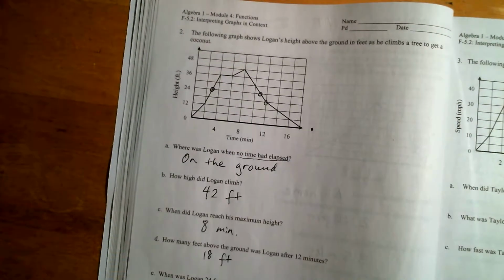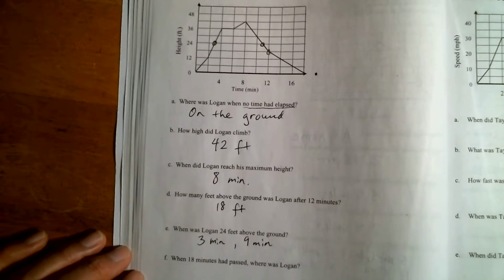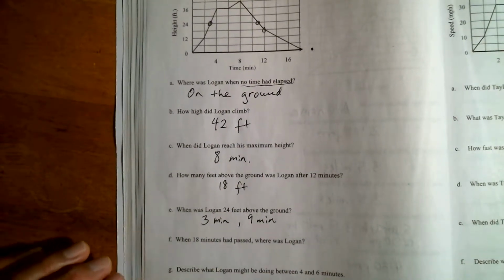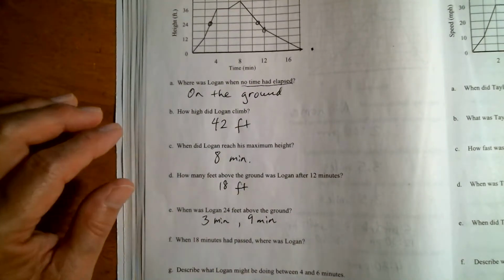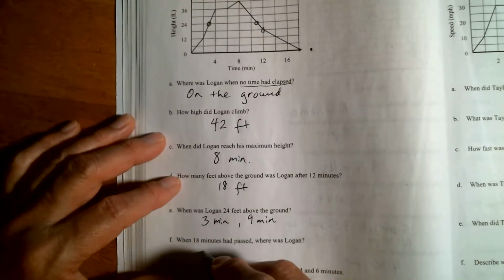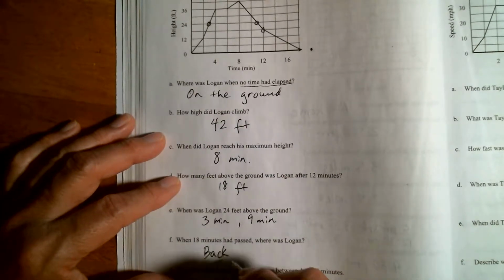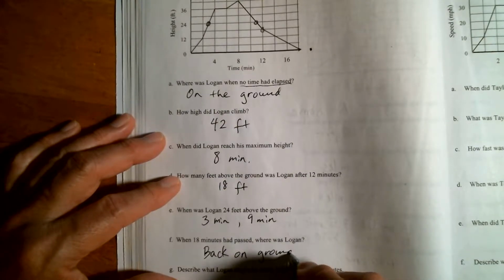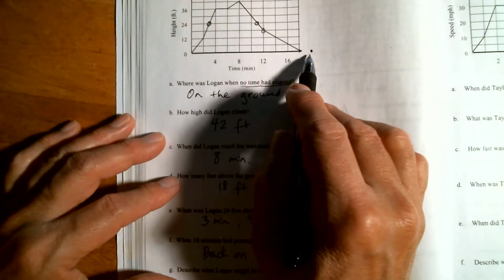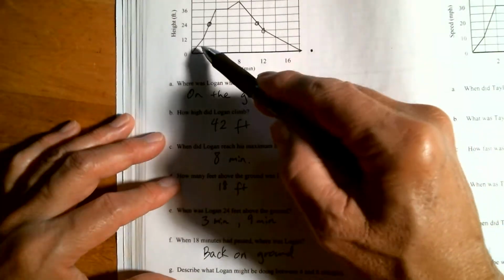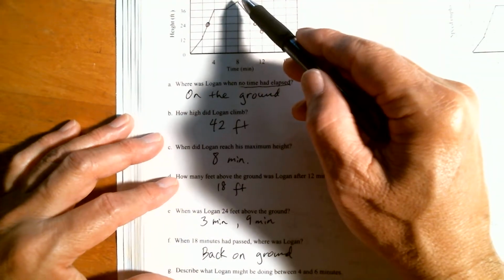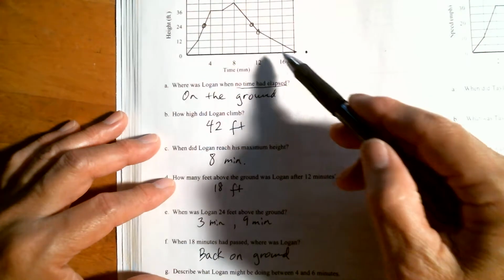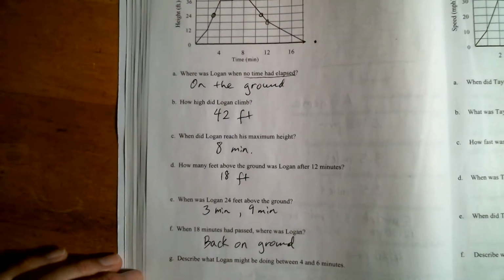So we don't really know. We have to make some assumptions, I guess. So let's just say he's back on the ground. But here would be the 18-minute mark. Okay. So he went up, got a coconut, and came back down. Okay.